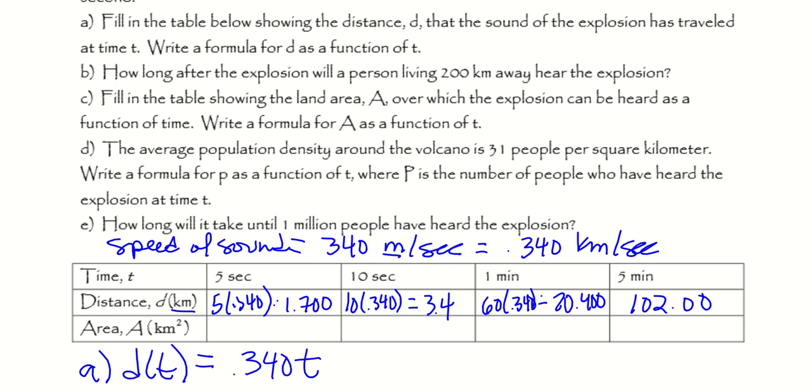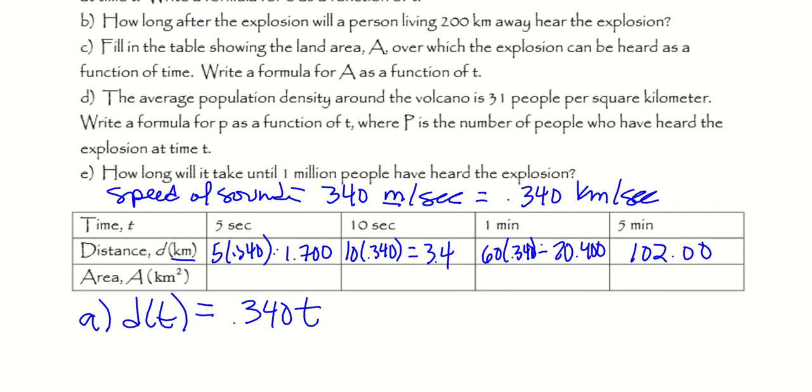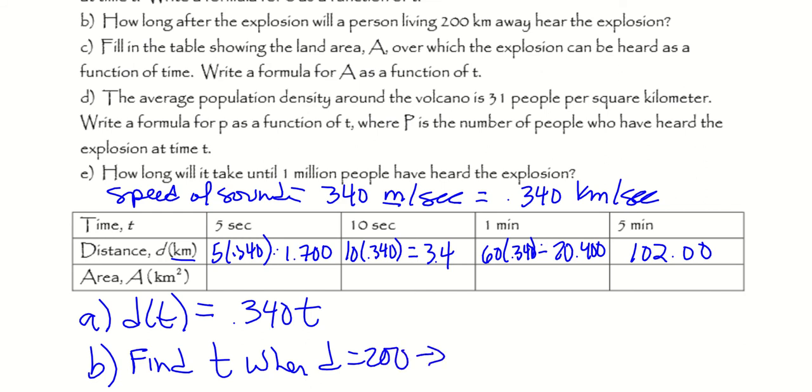B says, how long after the explosion will a person living 200 kilometers away hear the explosion? So that is asking me to find t when d is 200. So I have an equation, and I plug in 200 for d equals 0.340t.